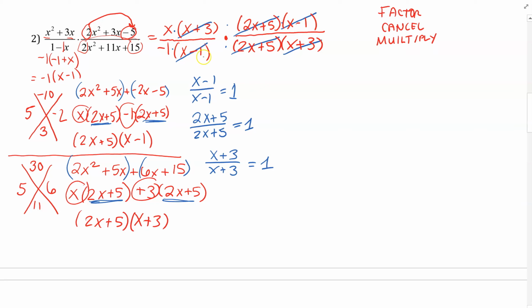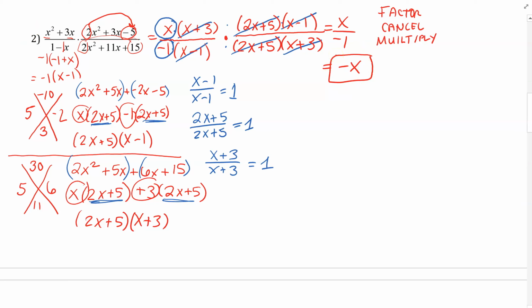So then that all just equaled positive 1. But I did have an x left in the numerator and a negative 1 left in the denominator. So that equals x divided by negative 1, and then that equals negative x as my final simplified answer. So all of that being multiplied together reduced down to just a very simple expression of negative x.